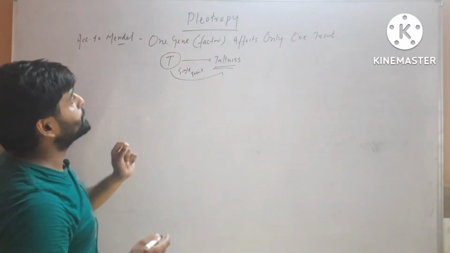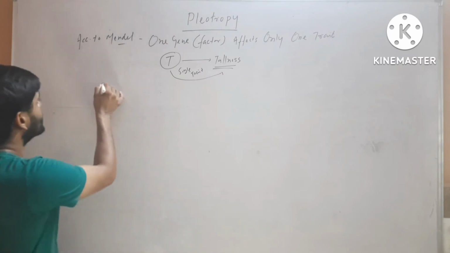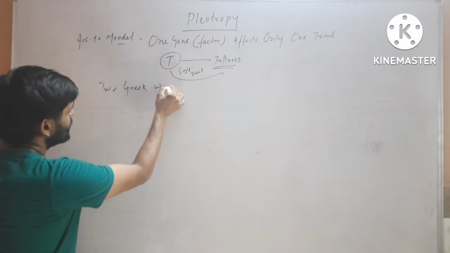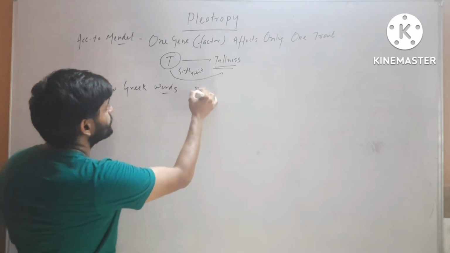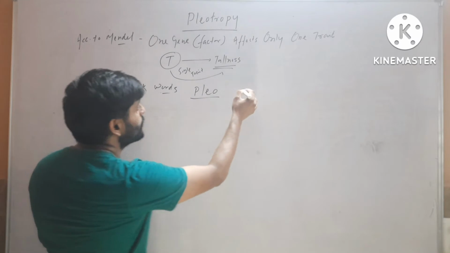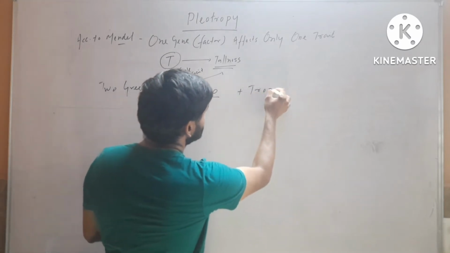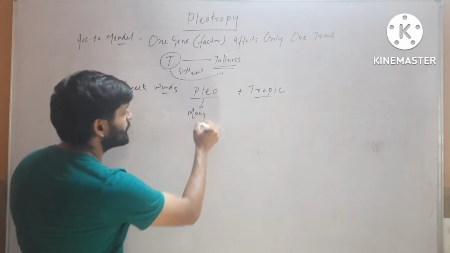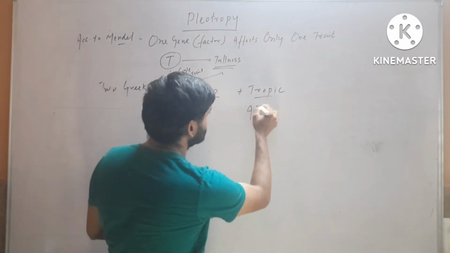So this pleiotropy is made up of two Greek words: pleo plus tropic. Pleo means many, tropic means affecting.